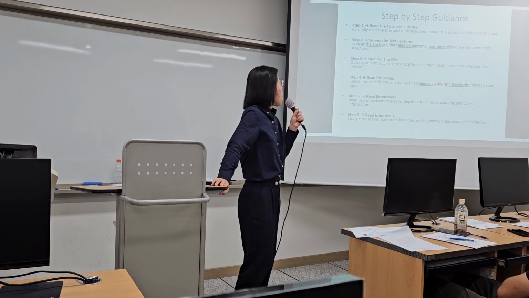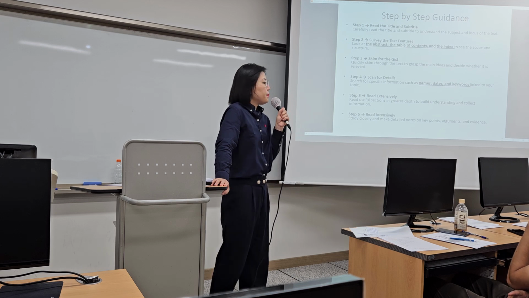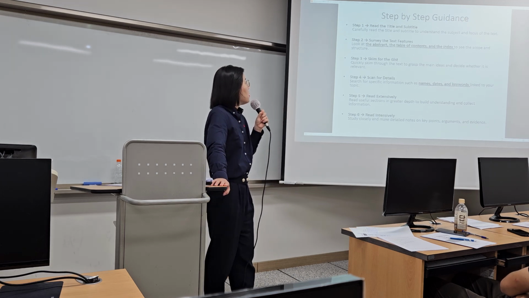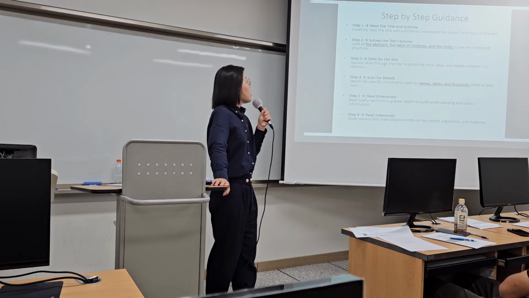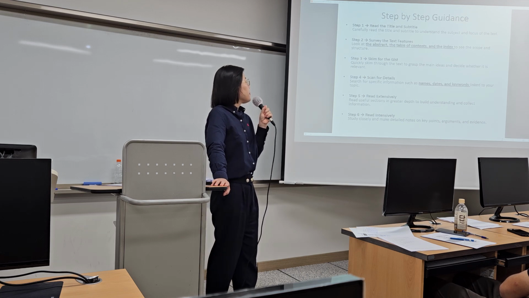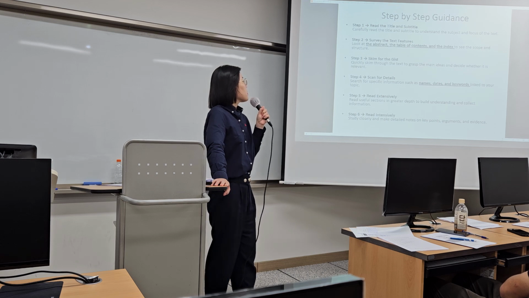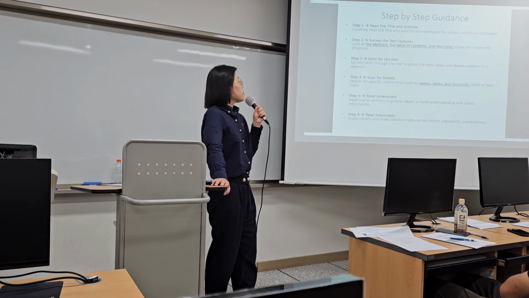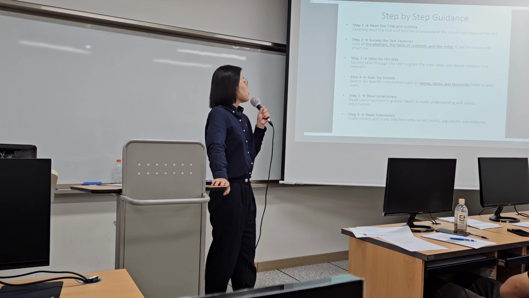Step 1. Reading the title and subtitle. Carefully read the title and subtitle to understand the subject and focus of the text. Step 2. Survey the text features. Look at the abstract and the table of contents and the index to see scope and structure.